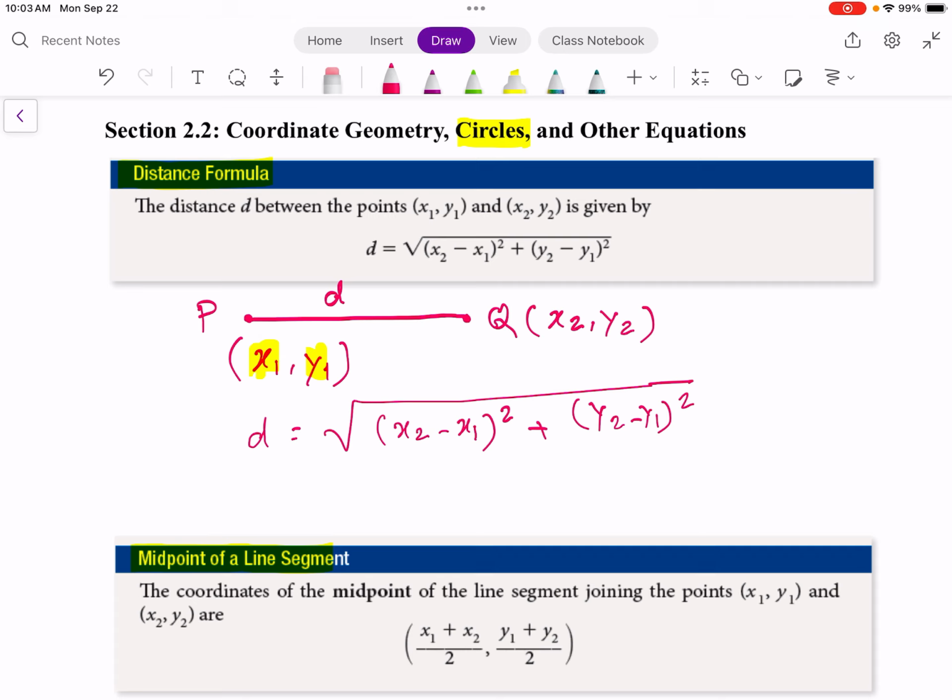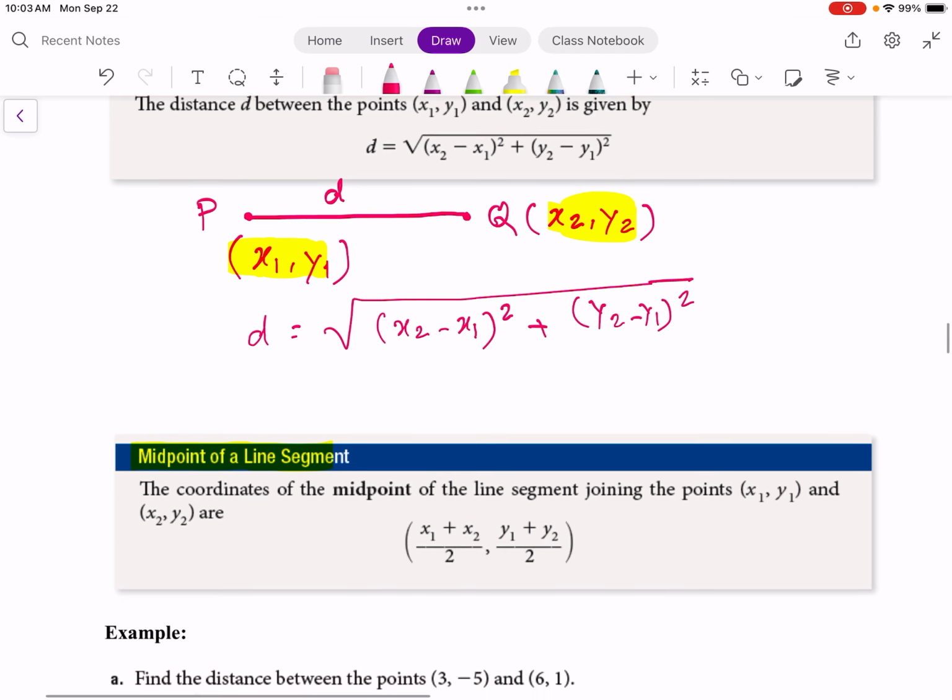We use this distance formula to find the distance between any 2 points. We call our first point (x1, y1) and the second point (x2, y2). Once you have x1, y1, x2, y2, you substitute in the distance formula, and this formula will be given to you on your exam, so no need to memorize.